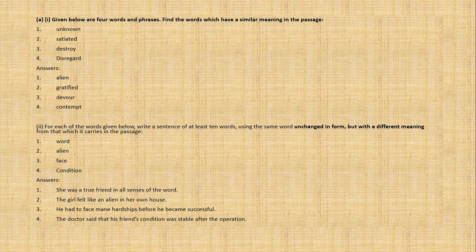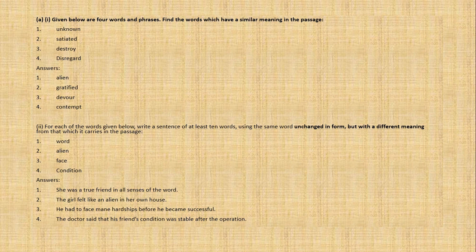Try to use them in your day-to-day life, writing your journal or posting a status or anything. It will help you a lot. It will take you a step higher to achieve your English pro level.